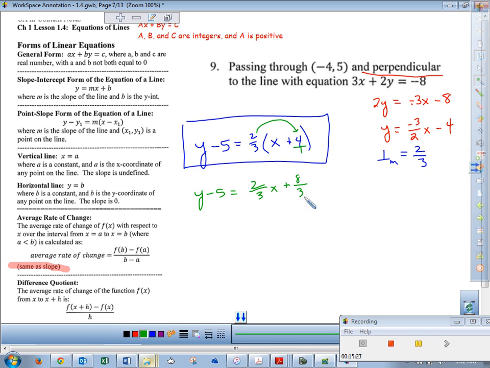Clearing the fractions is actually pretty simple in this case, because both denominators are 3, can't we just multiply every term times 3 now? So that would give me 3y minus 15 equals 2x plus 8. All I did was take every term times 3, and now you can continue moving stuff around to put it in standard form.